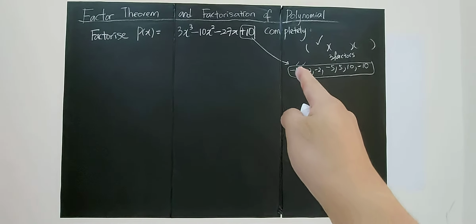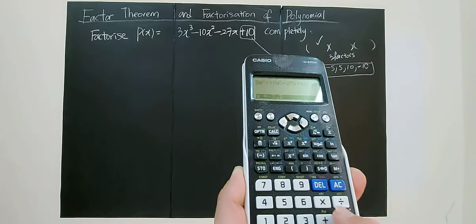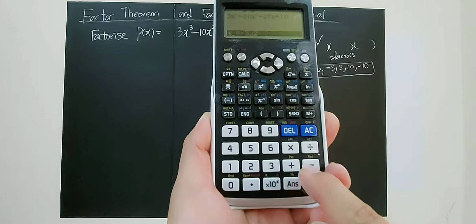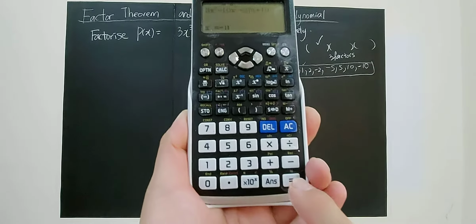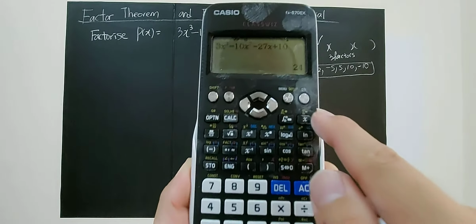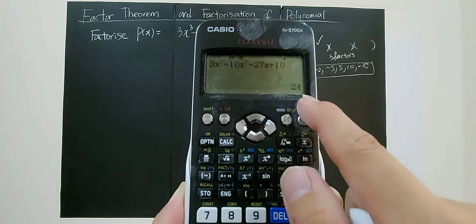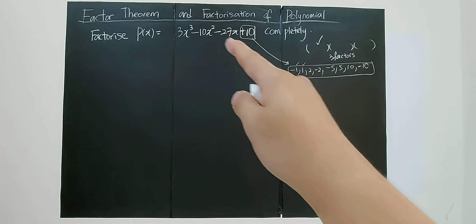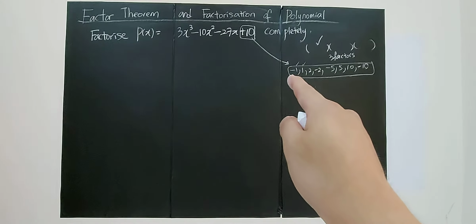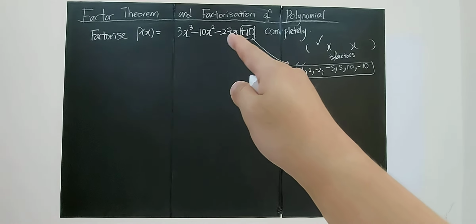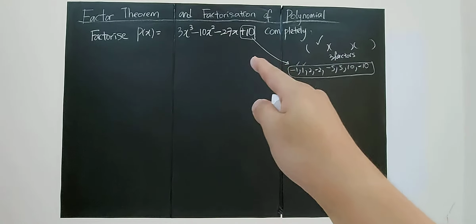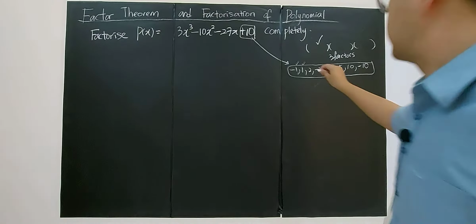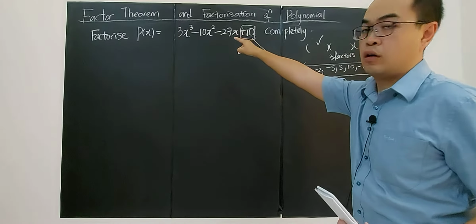Okay, negative 1. I'm testing negative 1 here. I press calculate, negative 1, double click equal, and you get 24. It means you put negative 1 inside here, I apply the remainder theorem now, and the remainder is 24, so this is not a zero of this P(x).